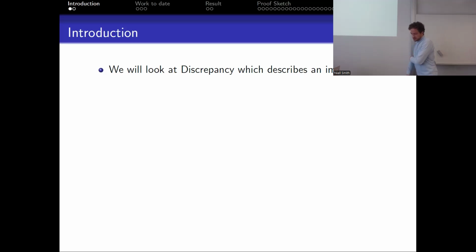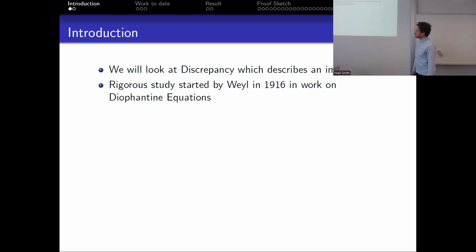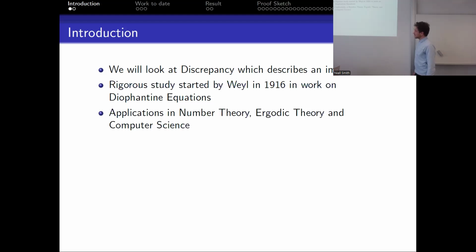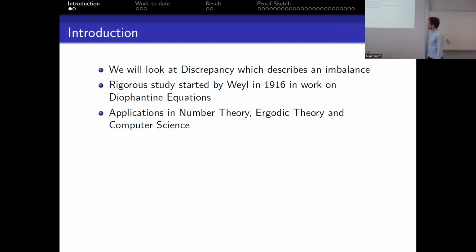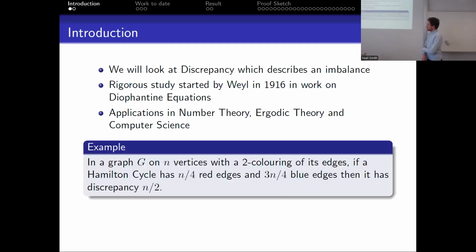So we're going to talk about discrepancy, which describes an imbalance. Rigorous studies start with the study of Einstein equations, and applications are all over, including Ramsey theory and computer science.